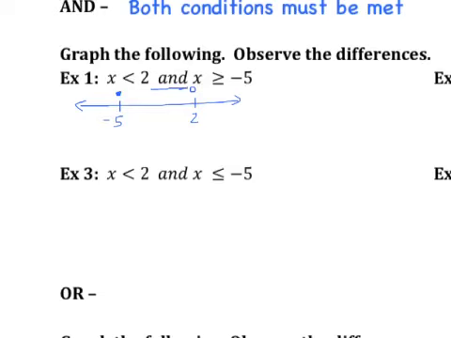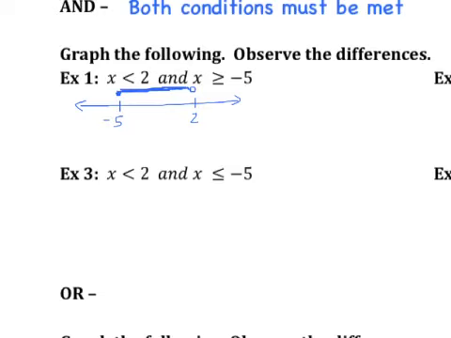Well, if we go beyond negative 5, we're no longer greater than or equal to negative 5. And from the negative 5 end, if we go past 2, we're no longer less than 2. So what this means is that the solution to these two inequalities together is this line in between negative 5 and 2.